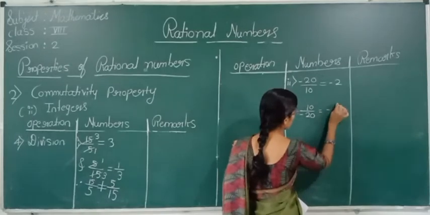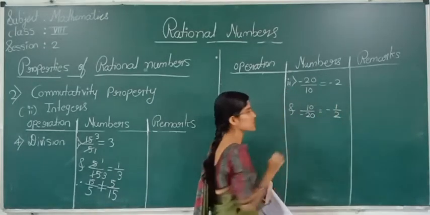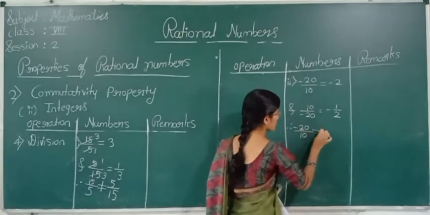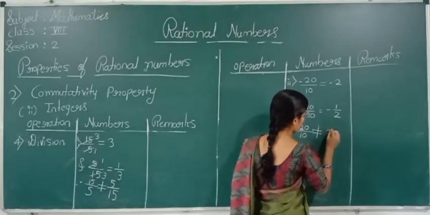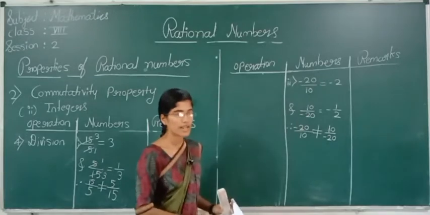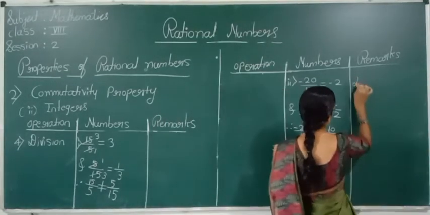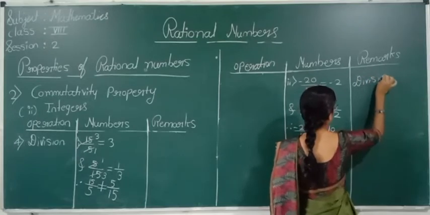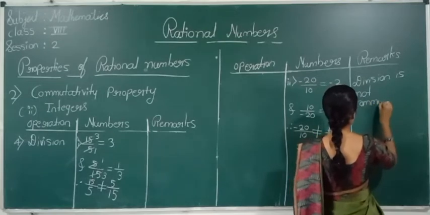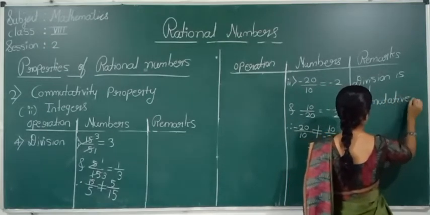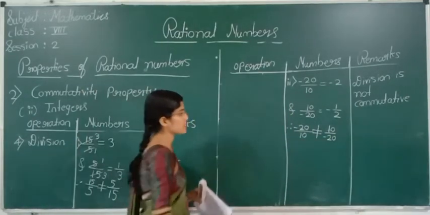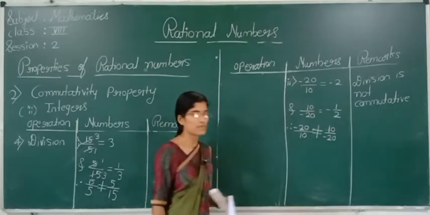Now this will be minus 1 by 2. Are both results the same? No. Therefore, minus 20 by 10 is not equal to 10 by minus 20. So therefore, we can say that division is not commutative for integers. In general, if A and B are two integers, then A divided by B is not equal to B divided by A.